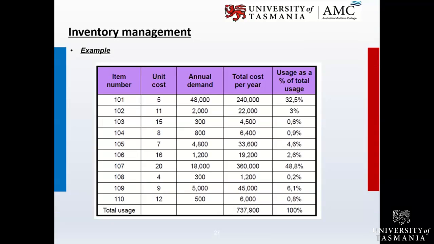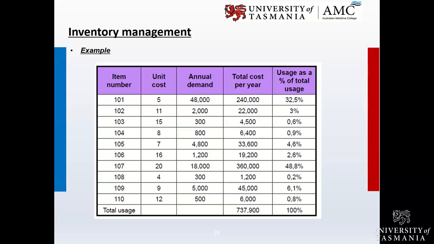Next, we have an example for showing how to identify ABC items and what strategies should be applied to manage different types of items. The example is shown in this table. We look at item number. So there are 10 items.